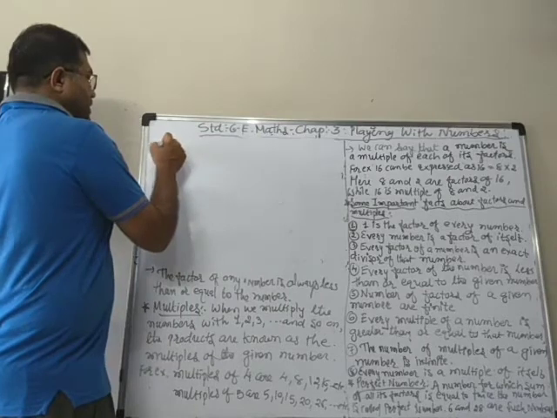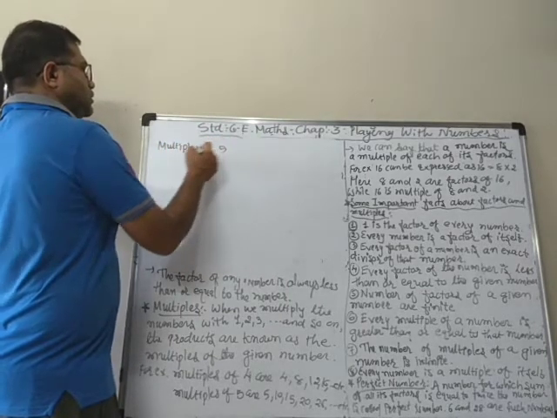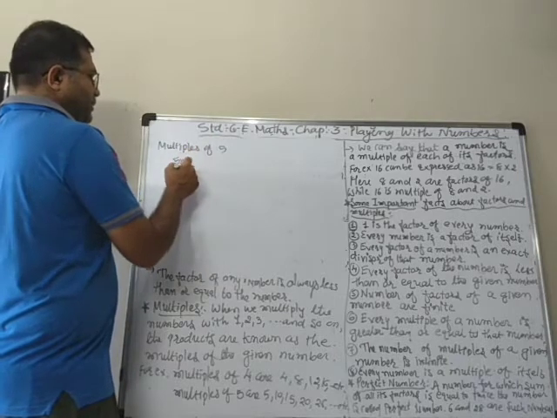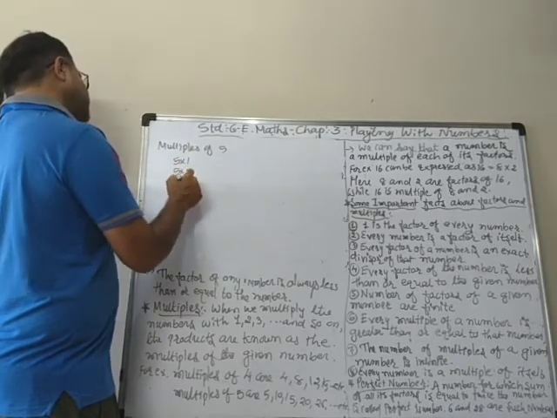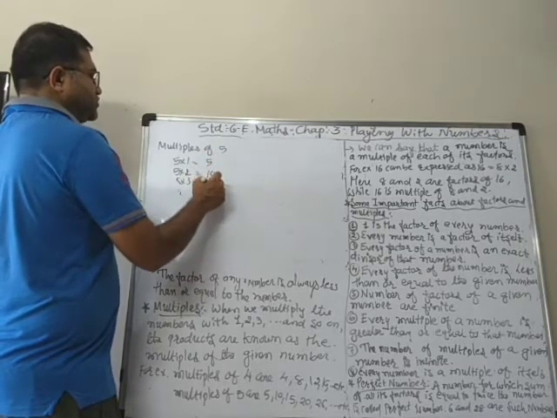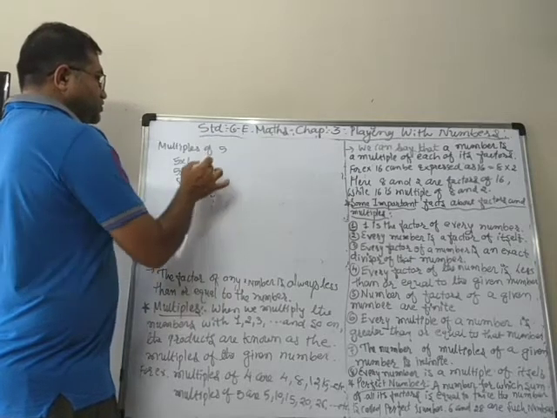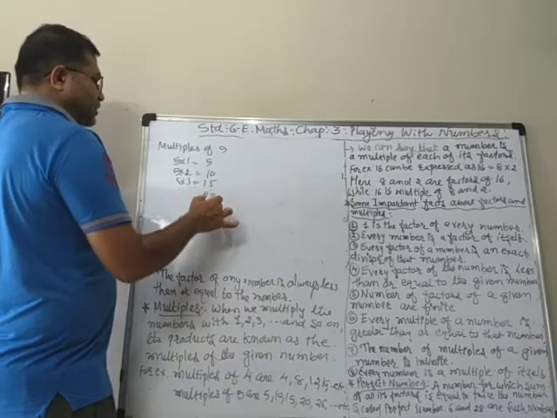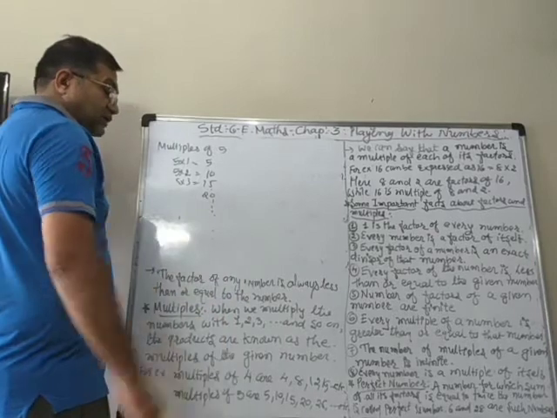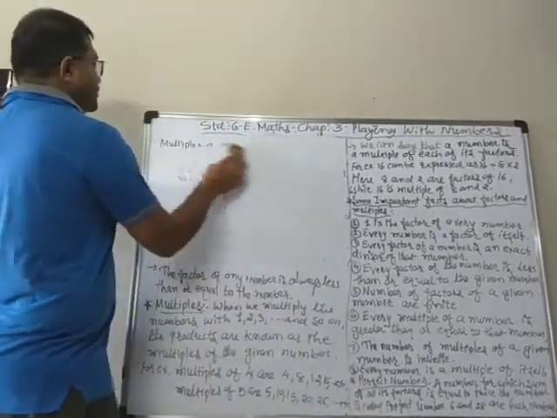For example, if you want to find the multiples of 5, so 5 multiplied by 1, 5 multiplied by 2, 5 multiplied by 3 and so on. So you get 5, 5 2s are 10, 5 3s are 15, 5 4s are 20, etc. So these 5, 10, 15, 20, 25, 30, 35, all are called the multiples of 5.